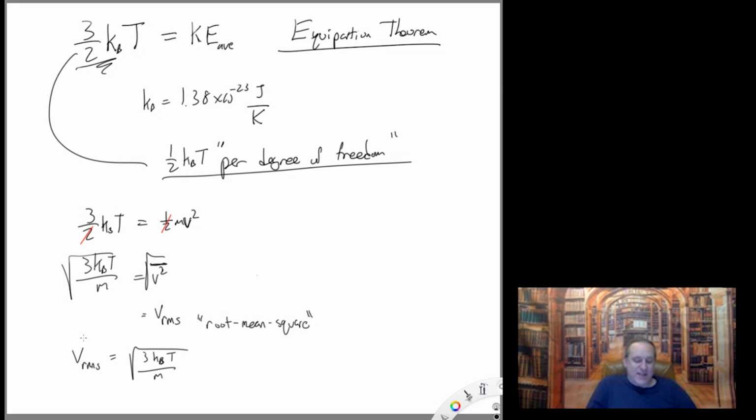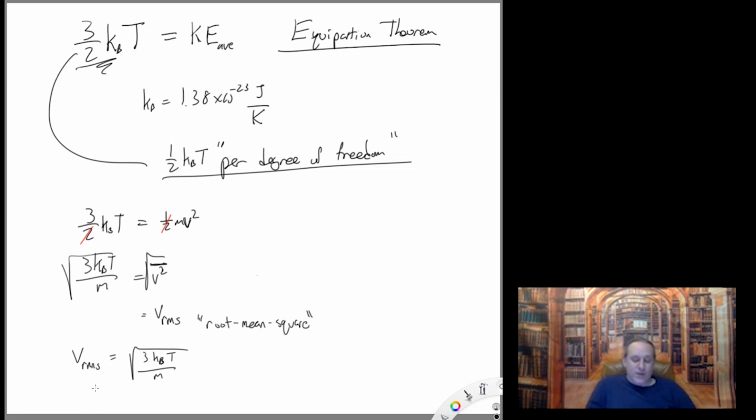But the interpretation of the RMS velocity is not quite the same as the average speed. It's in the ballpark, though. I think it tends to be different by something like under 10% from the average speed. But we have access to this, and we don't have access to the average speed without doing a more fancy calculation.